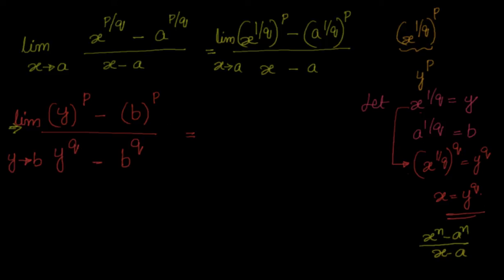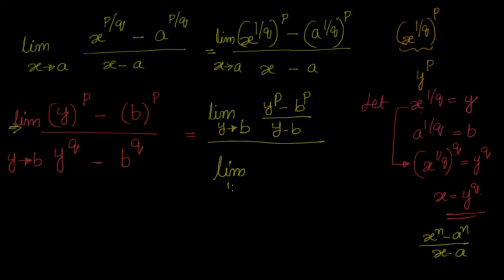So I will try to convert this into the form of x to the power of n minus a to the power of n by x minus a. For that, I will write it as limit y tends to b, y power p minus b power p by y minus b, divided by limit y tends to b, y power q minus b power q by y minus b.